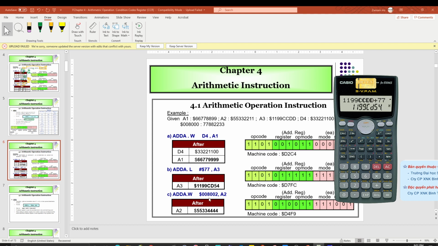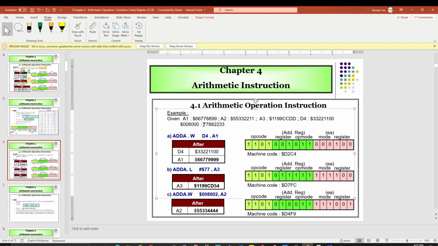And the last one is add address W. This is a location you have to take from this location in word size, and then you add the address register and save it over here. So 8002 is given this value, 8000 is this value, so I have to put the dollar sign, just to make sure that the number is correct. So the word size at 8002.